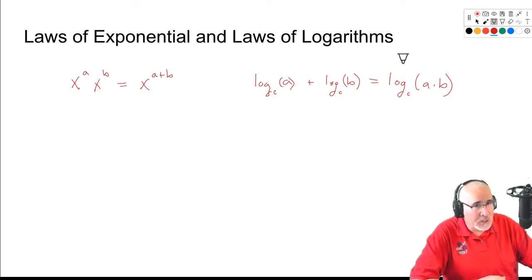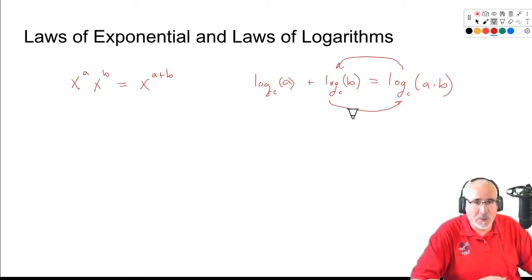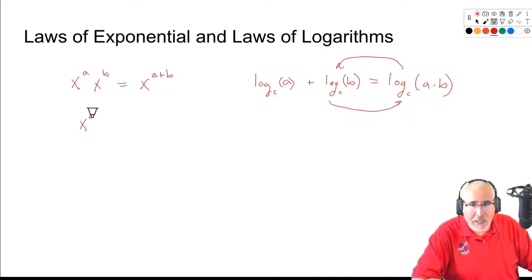And again, we could go either way. We can go from this form to this form, or we can go from this form to this form. And we'll work some examples where we do both. Okay, so that's one property. The other property, if you have x to the a divided by x to the b, what we end up with is x to the a minus b.